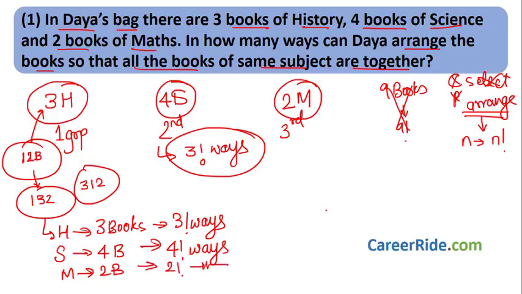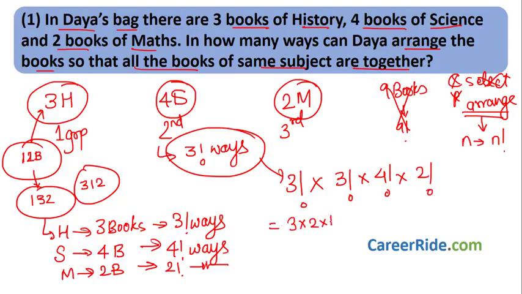So how many are the total ways in which all the books can be arranged? That would be 3 factorial, multiplied by the history book arrangement, science book arrangement, maths book arrangement. 3 factorial is 3 into 2 into 1, multiplied by again 3 factorial, 3 into 2 into 1, multiplied by 4 factorial, 4 into 3 into 2 into 1, multiplied by 2 factorial, 2 into 1.